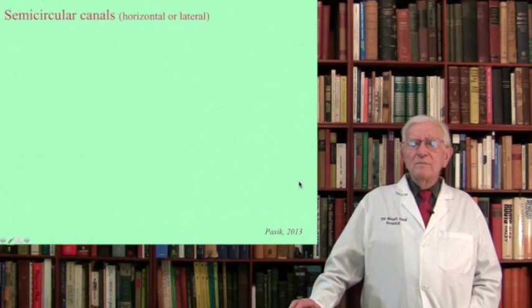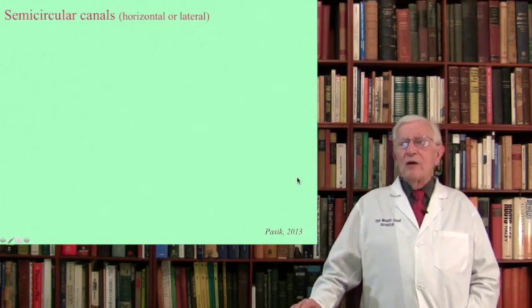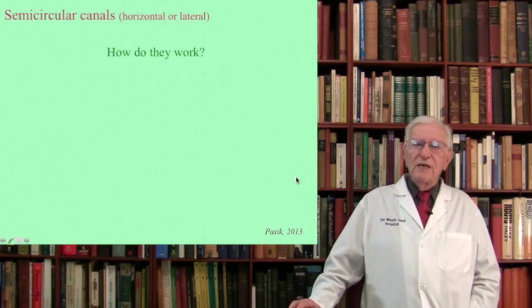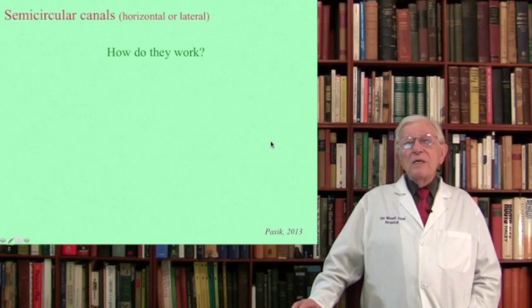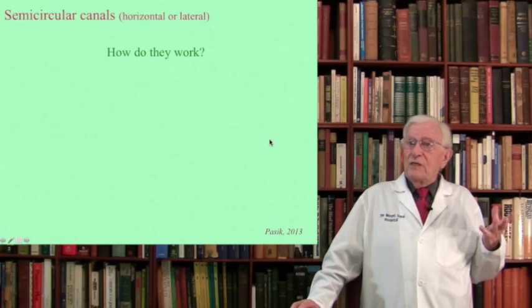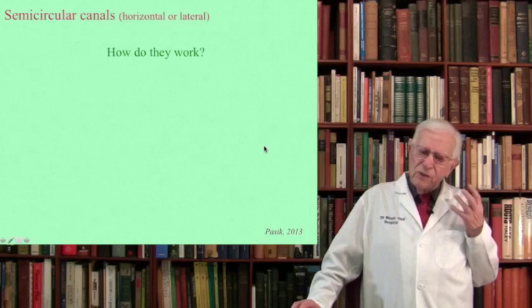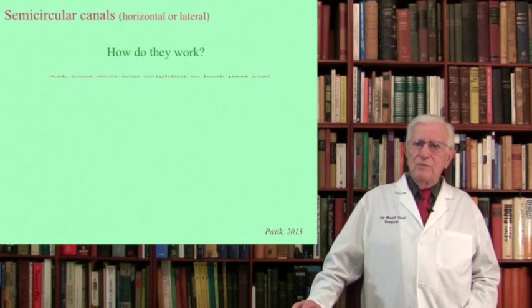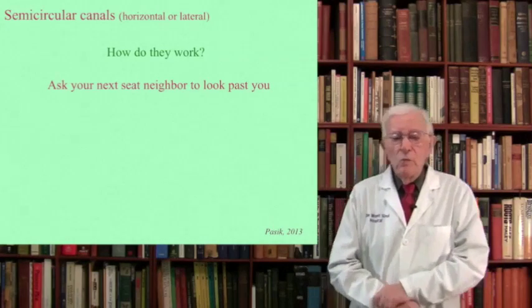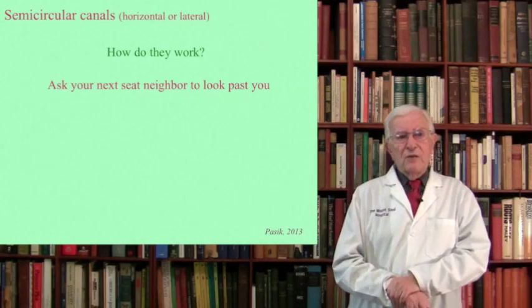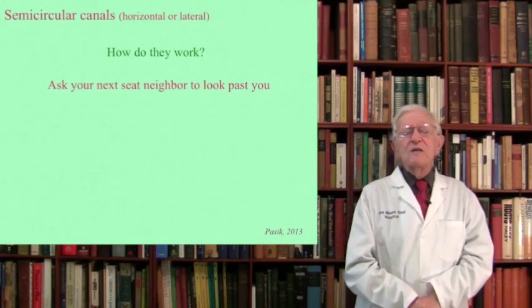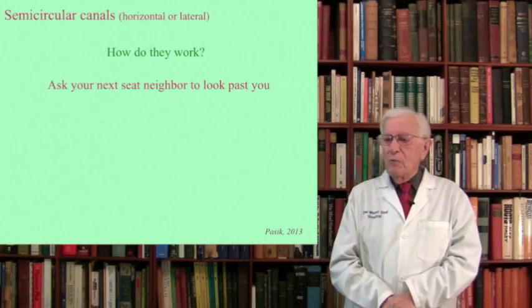All right, now, if we deal with just the horizontal or lateral canal, which is the easiest way to discuss in terms of being didactic, now we have to think in terms of how do they work. How does this semicircular canal sense that angular acceleration? So, one thing that we said before that is very important of the vestibular system is that it influences eye movements.